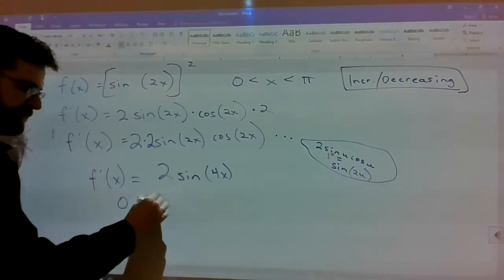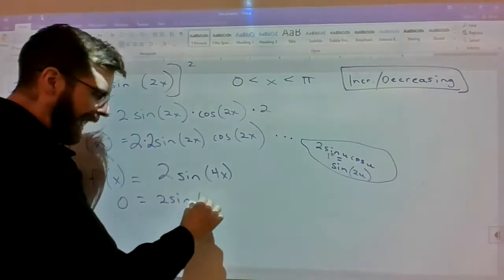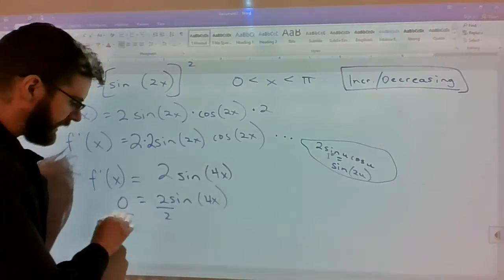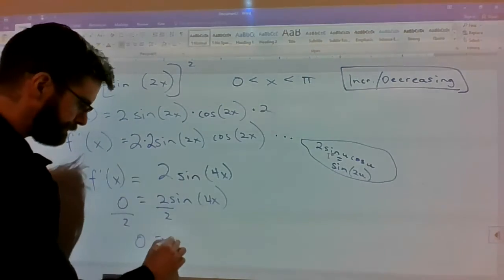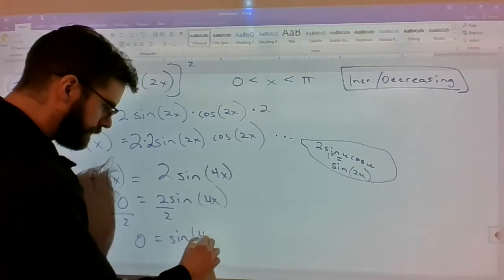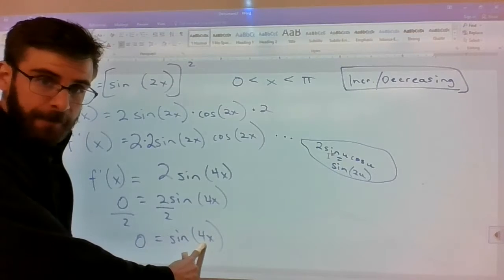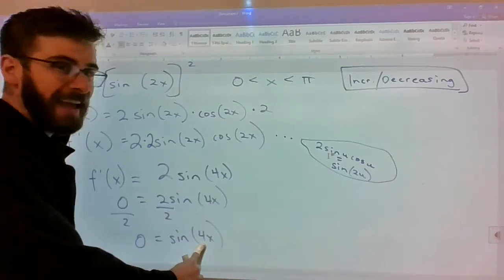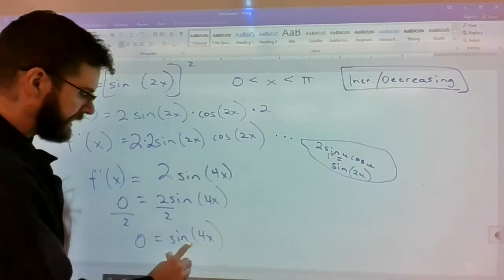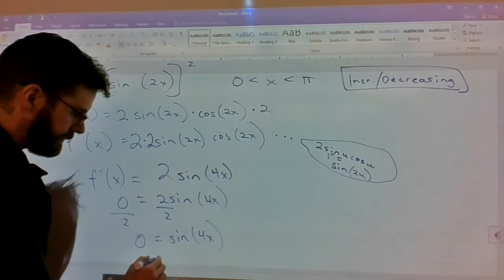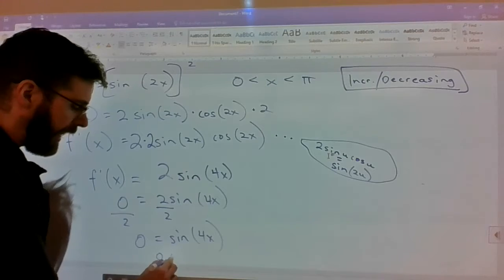You set it equal to 0. We have to remember how to solve trig equations. Remember, you can divide out any constants you want. This indicates that there's going to be 4 times as many solutions between 0 and 2 pi as you normally would. Sine equals 0 at 0 and pi.